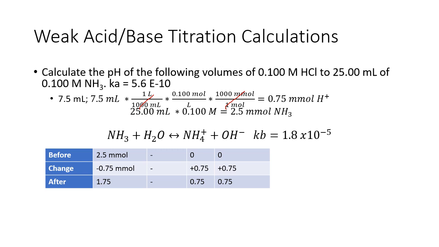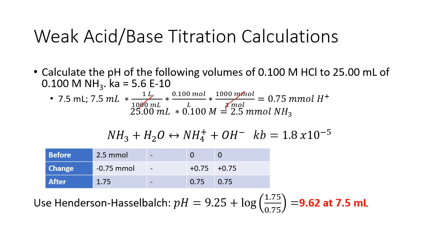And then I put it into the Henderson-Hasselbalch equation. So pH equals pKa plus log of the base, which is the NH3, over our acid, the NH4+, which I know doesn't look exactly like what we're used to, but it's still the same idea.